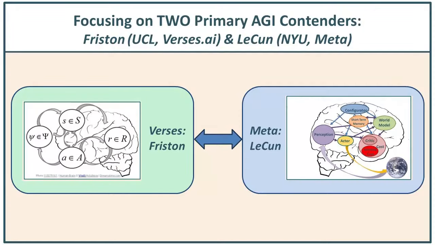We're going to give our primary focus to methods being evolved by LeCun out of Meta's FAIR Lab, Fundamental AI Research, and also to Karl Friston and colleagues out of both University College London and VERSES, an AI company. So we're going to look at two methods that are not necessarily diametrically opposed. They are possibly complementary, and that's what we want to be figuring out over these next several months, because it's going to take us a little while to build our knowledge of each of these and do that cross-comparison.